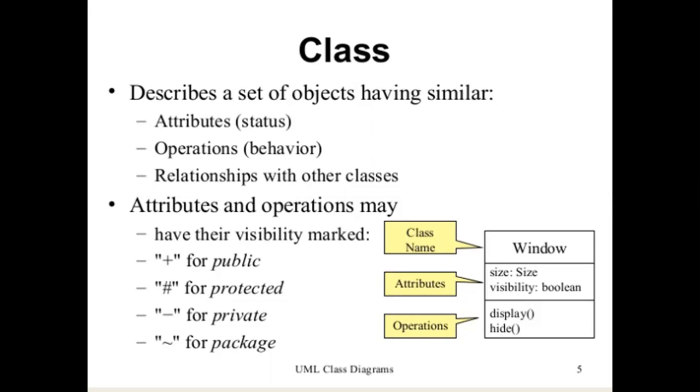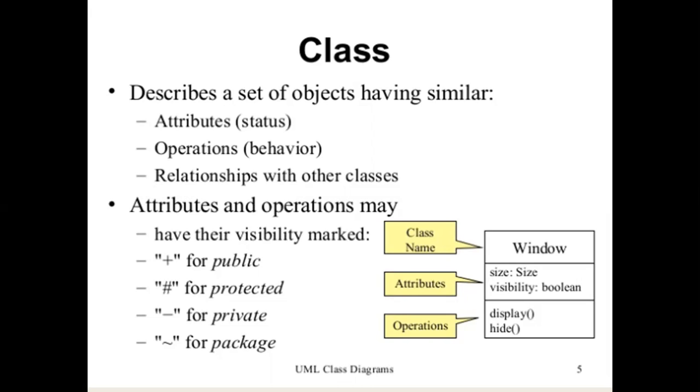Every class has attributes, operations, and relationships with other classes. The attributes and operations may have visibility, that is public or private. The visibility marks are public, private, protected, and package. Suppose in Java language, the class has different variables. The variable may be public, protected, or private.